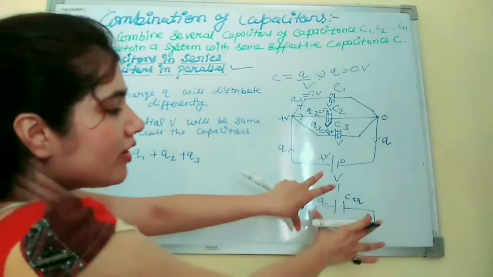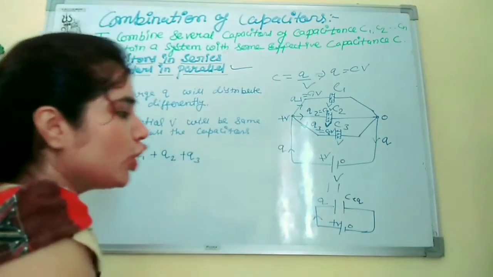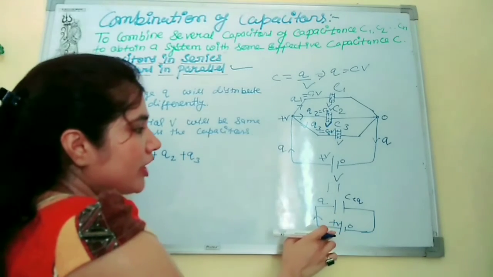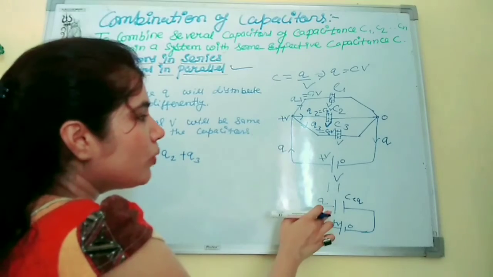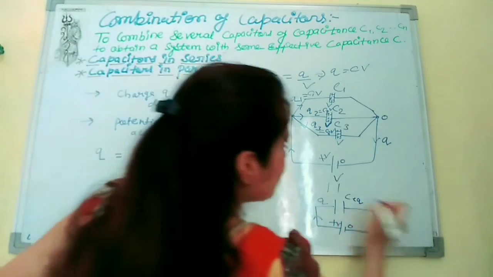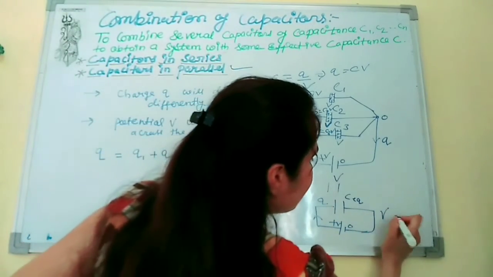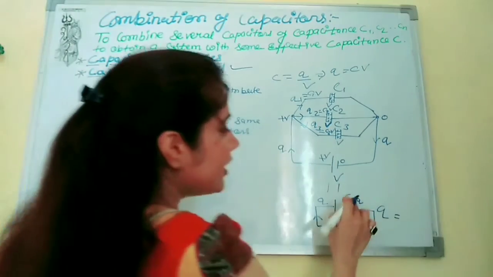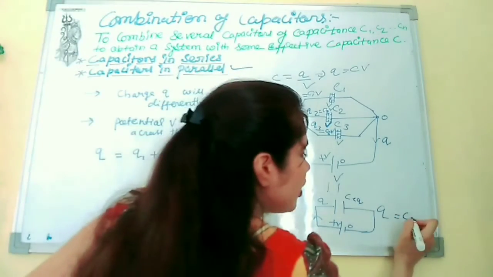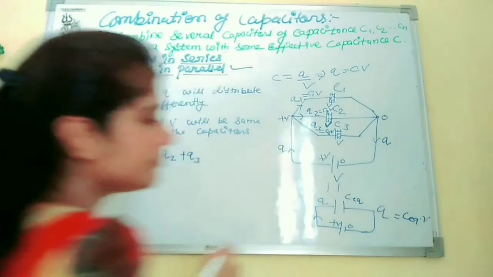This is the equivalent circuit for that circuit. So definitely the applied potential is the same as this applied potential, and this Q will be the same as that Q. So we can write this Q in terms of C equivalent and V, that is C equivalent into V.